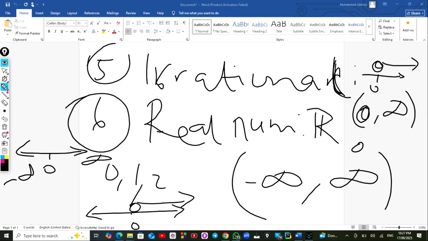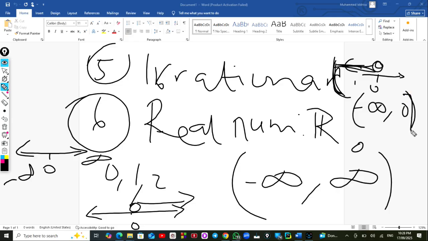The same way, if it was the other way around, maybe from negative infinity to 0, then we will have our line open to the left, moving to negative infinity, excluding 0.